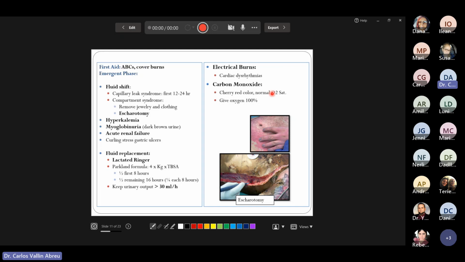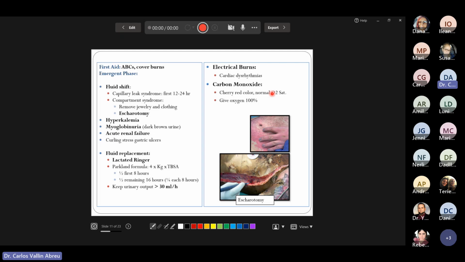So the hemoglobin becomes incompetent or greedy with the oxygen and is not releasing the oxygen to the tissues. As a consequence of that, the tissues become hypoxic, and then anaerobic metabolism is initiated. Lactic acidosis can occur, and then the client can have multiple organ dysfunction and can die as a consequence of the carbon monoxide intoxication.